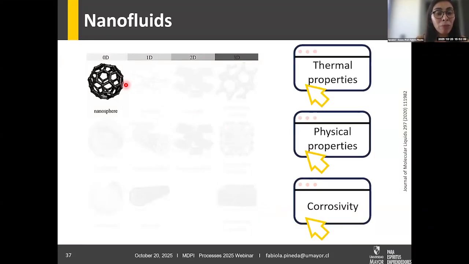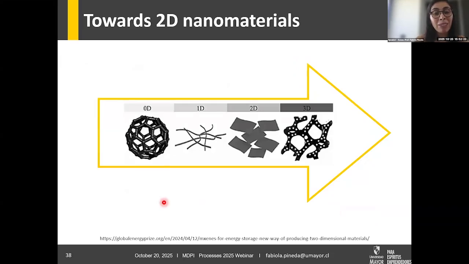There is a lot of information about nanoparticles in the thermal properties, physical properties of molten salts, and about corrosivity. This is very interesting because the addition of nanomaterials can reduce corrosivity in this type of applications. But there is a problem with nanoparticles: they can agglomerate and they are not stable in time. So we are moving to another type of nanomaterials.